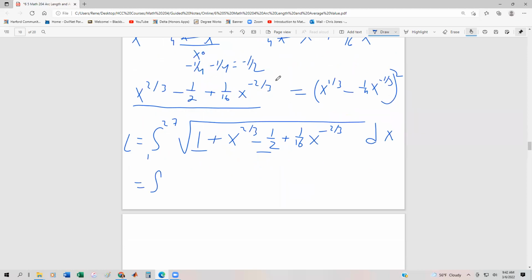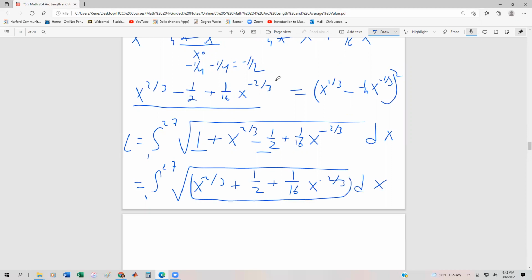So our arc length is the integral from 1 to 27 of the square root of x to the 2/3 plus 1/2 plus 1/16 x to the minus 2/3. I want you to notice that the radicand right here is precisely the same as what we got up top, except we have a minus and a plus here. And so remember, we can factor that.